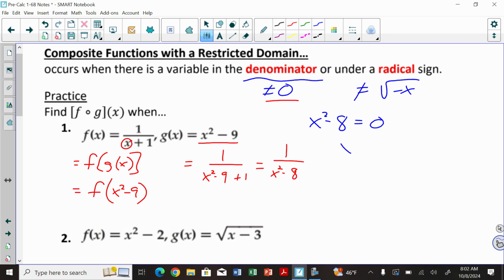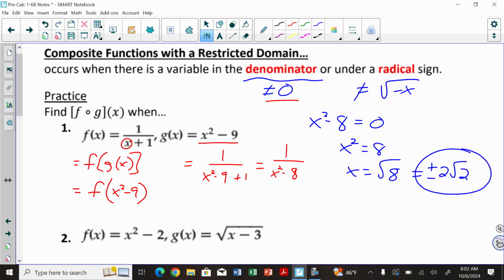I add 8 to both sides, I get x squared equals 8, square root both sides, so x equals the square root of 8. And we can break that down further: it's plus or minus 2 times the square root of 2. So that's what it can't equal, because that would make it 0.